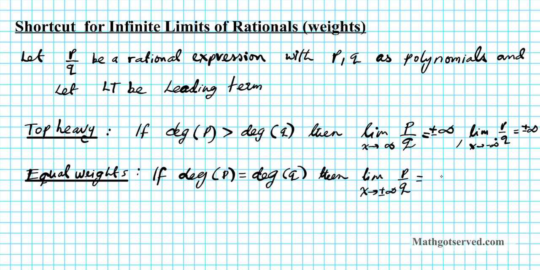So all you simply do is take the leading term of the numerator, Lt of p, and divide it by the leading term of the denominator, Lt of q. Since the degrees are the same, the variables will cancel out, and you're just going to be left with the coefficients. But you have to do this division first in order to make sure that you have everything resolved accurately.